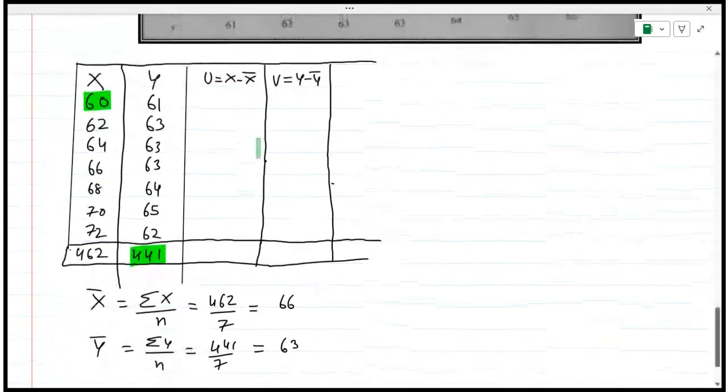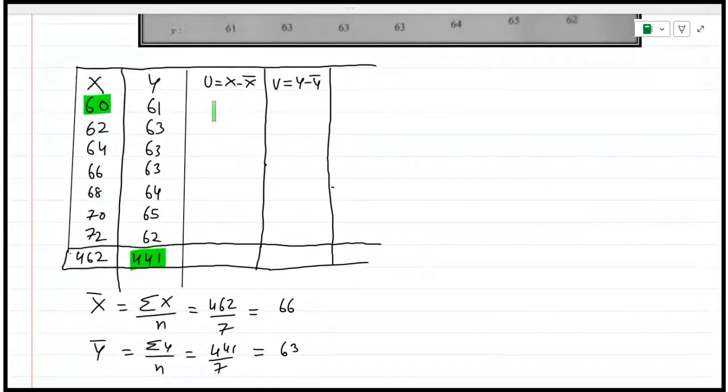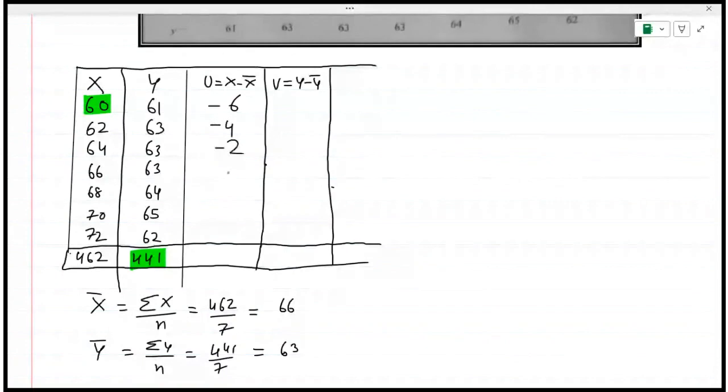So 60 minus 66 is minus 6. Now 62 minus 66, minus 4. 64 minus 66, minus 2. 66 minus 66, 0. 68 minus 66, 2. 70 minus 66, 4. 72 minus 66, 6.